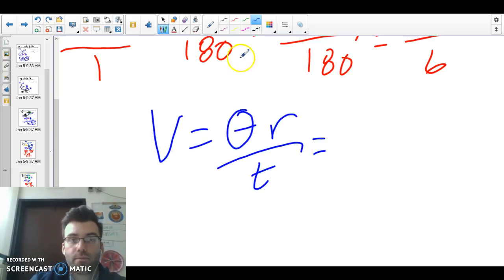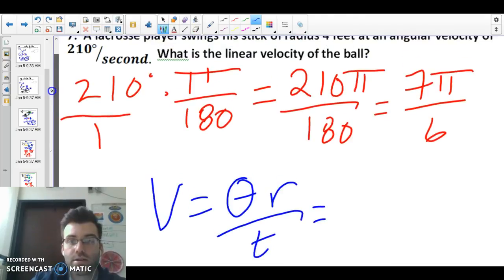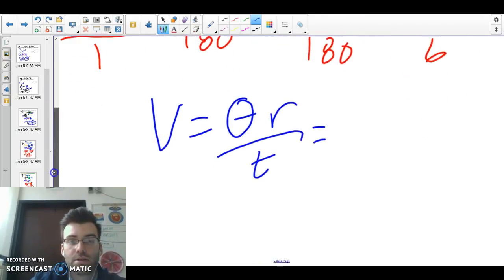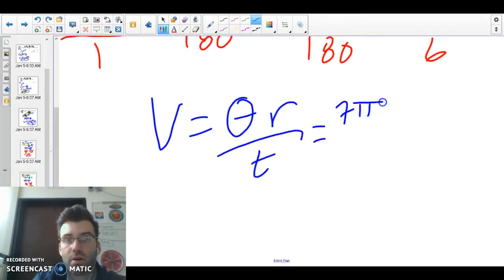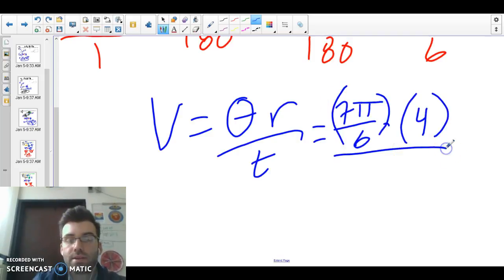Theta is going to be the angle I just found, 7 pi over 6. My radius is 4. The time is in seconds, 1 second.